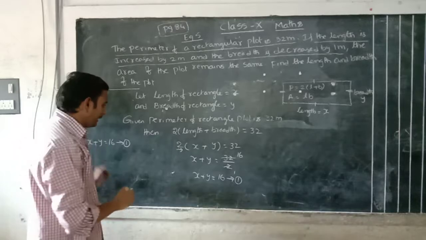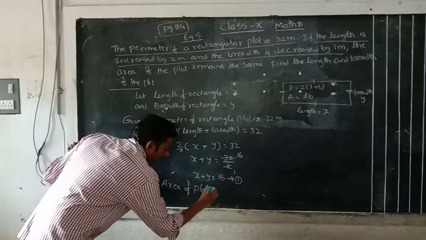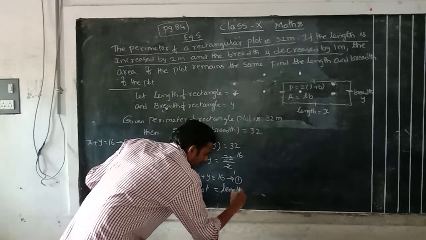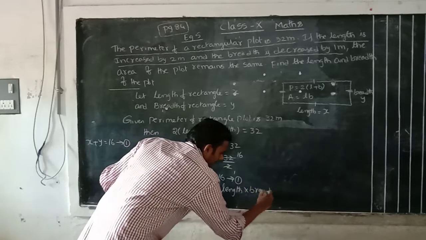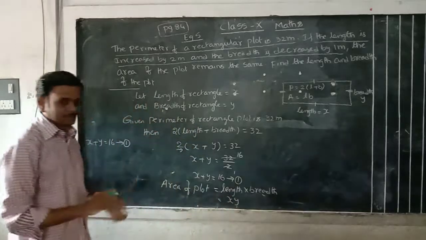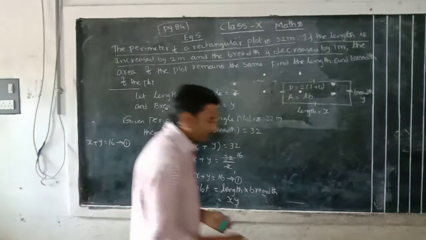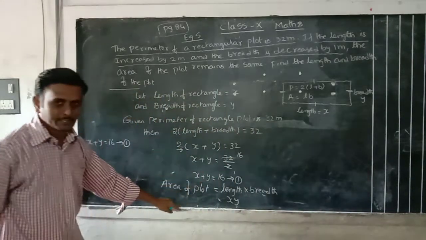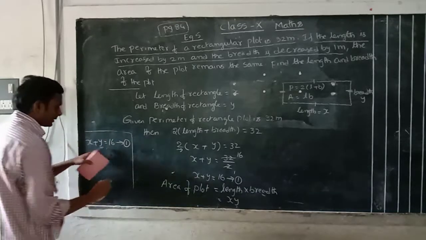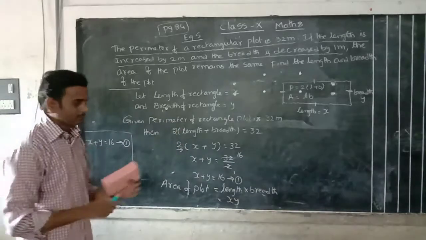Area of the plot equals length into breadth, that is x into y, xy. The first part is completed, and by using it we got equation 1. Remember that.